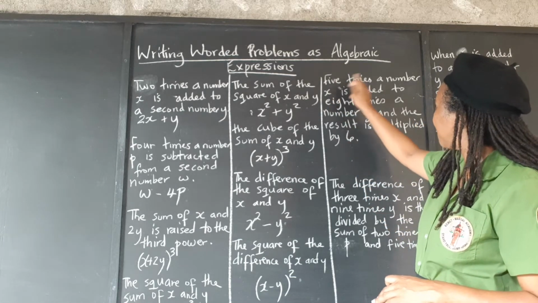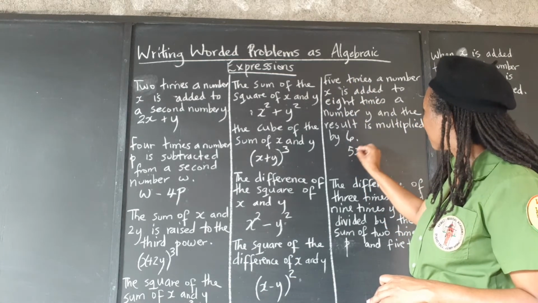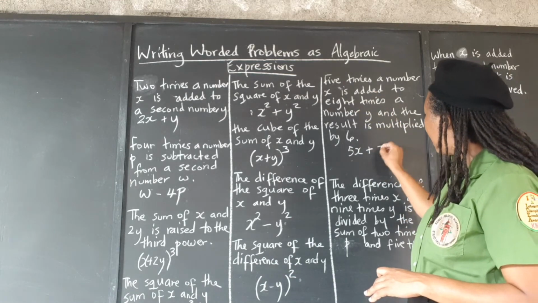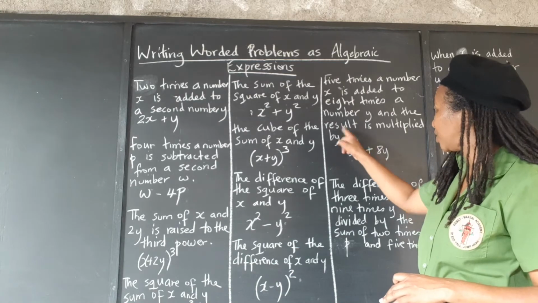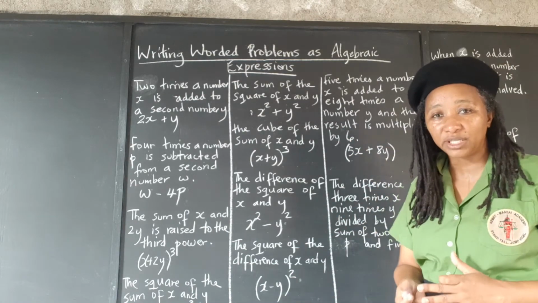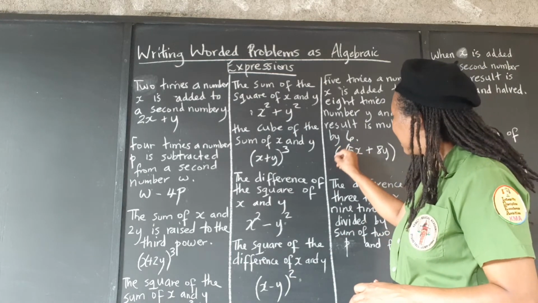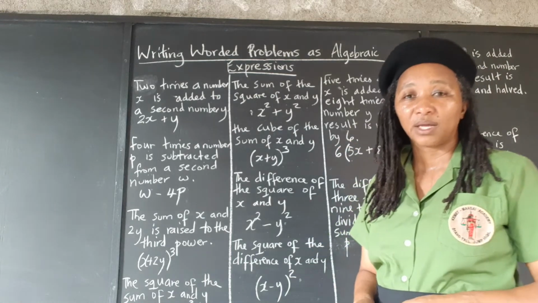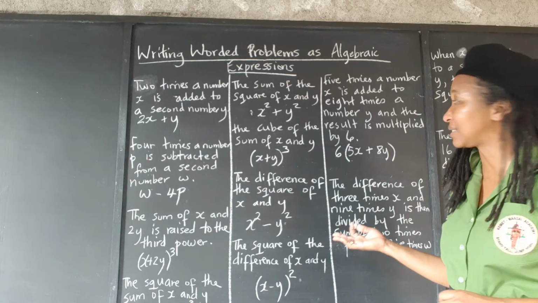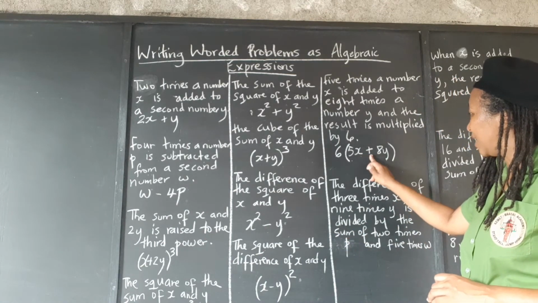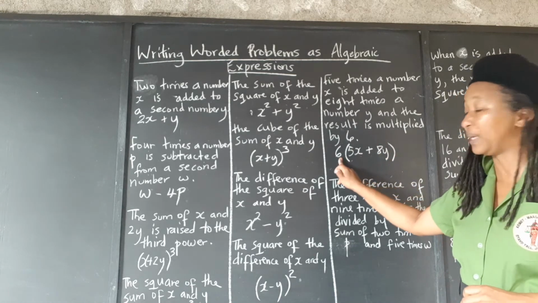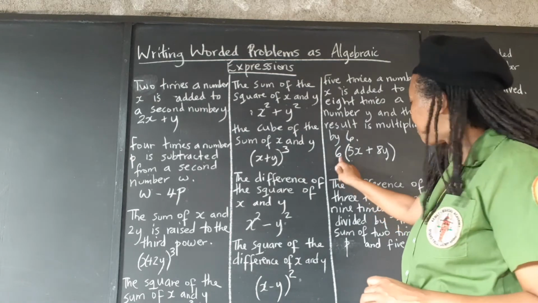So it says 5 times x is added to 8 times y, and the result, so we need to bracket. All of that result is multiplied by 6. That is how we would write that, right? 5 times the number x is added to 8 times the number y. The result is multiplied by 6.